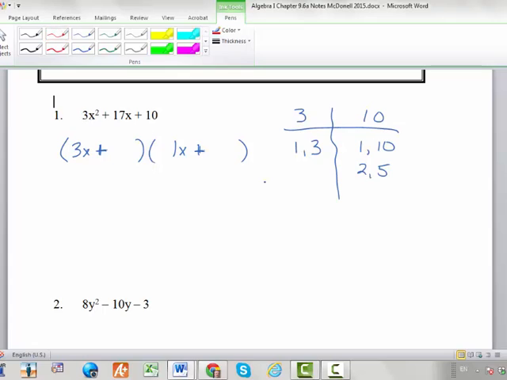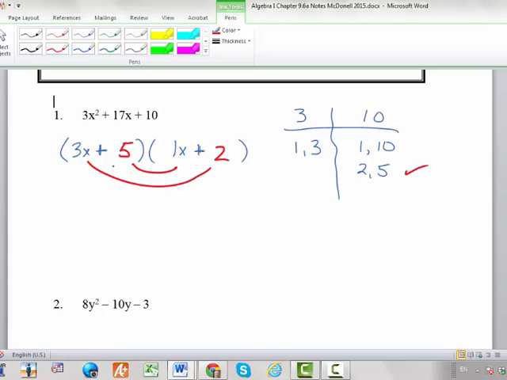Next, let's look at what the other two numbers have to be. It could be either 1 and 10 or 2 and 5. Let's always try the middle numbers first because they're closer together. So I'm going to try the numbers 2 and 5, and I'll put the 5 here and the 2 here. Let's try outside and inside as our two possibilities.